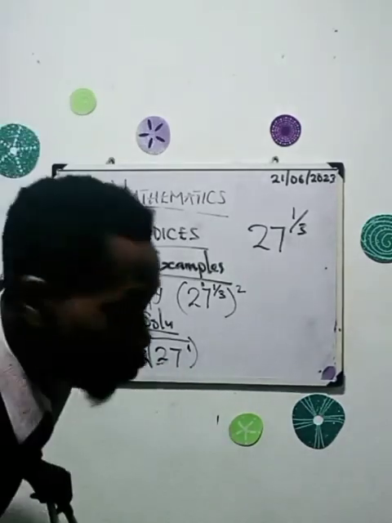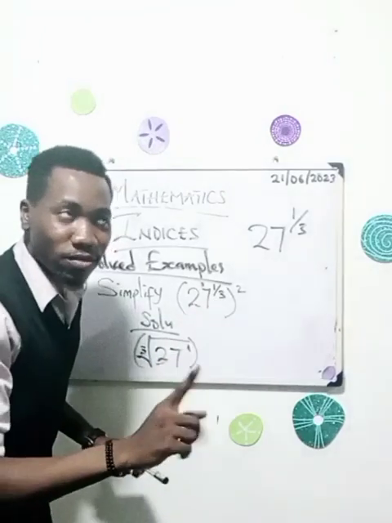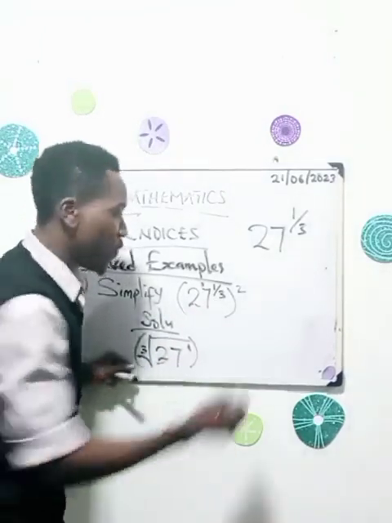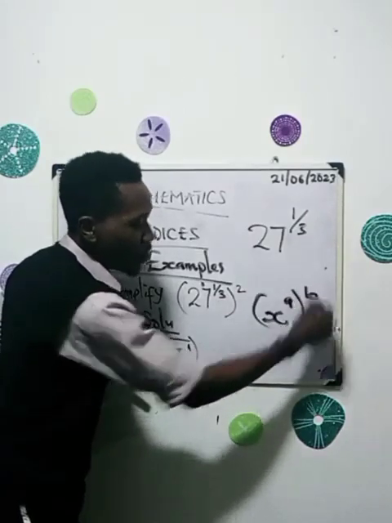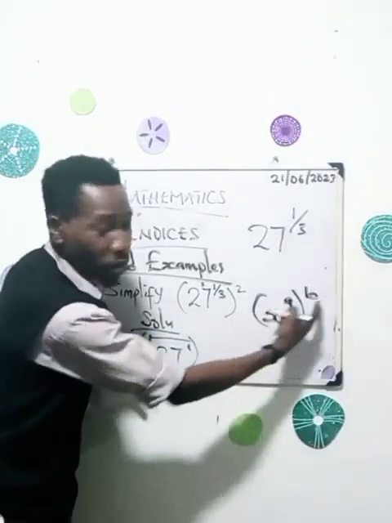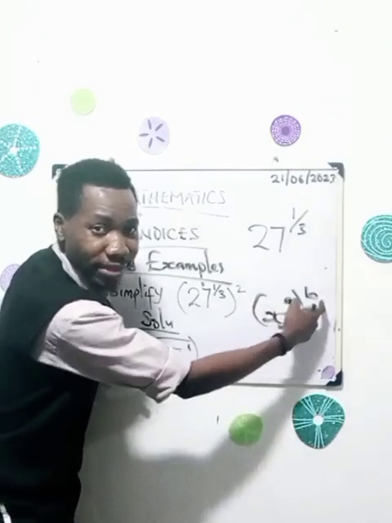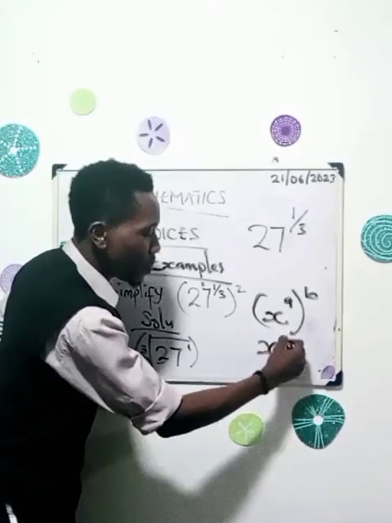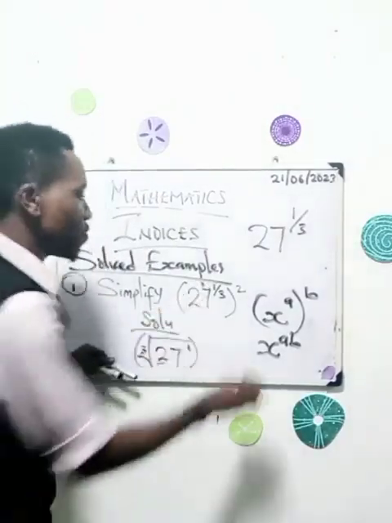Oh, don't forget, so that rule is also applicable here. That says when you have x raised to the power of a, outside b, this multiplies this. So you have a times b, and then you have x raised to the power of ab. That was supposed to be done before we even do this.